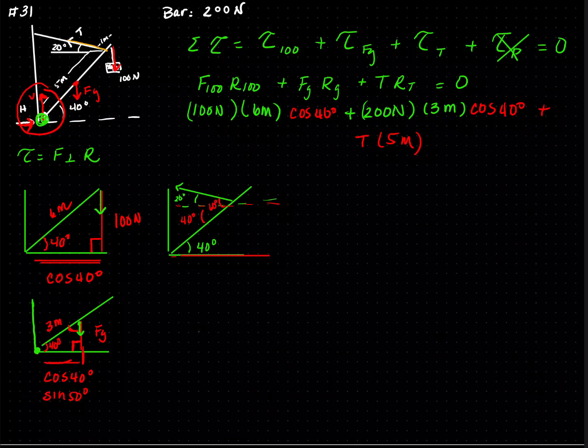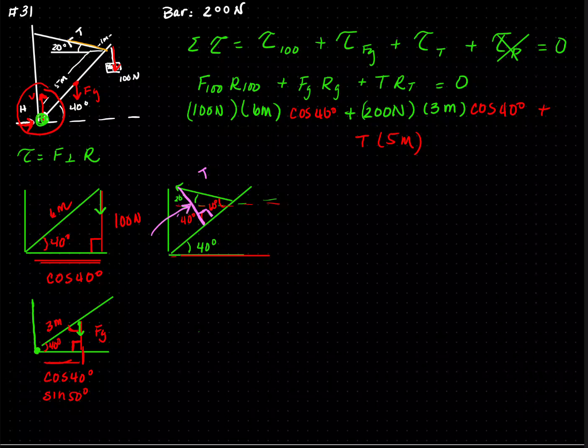So to make the right triangle, I'm going to take my tension T and make it perpendicular to the lever arm. When I make it perpendicular to the lever arm, this is the side I'm going to look for.